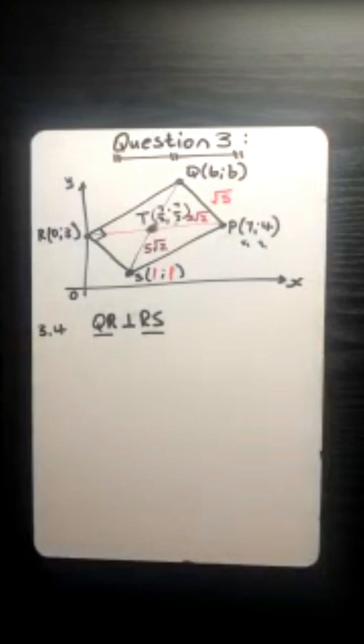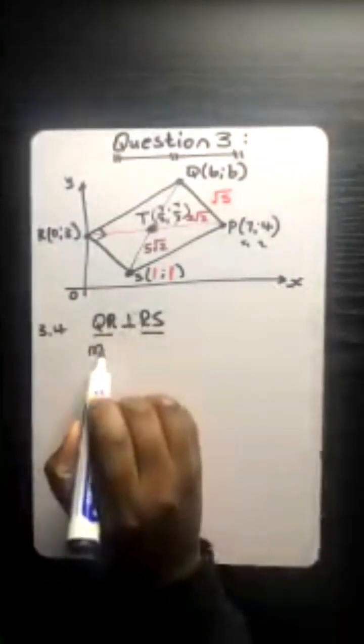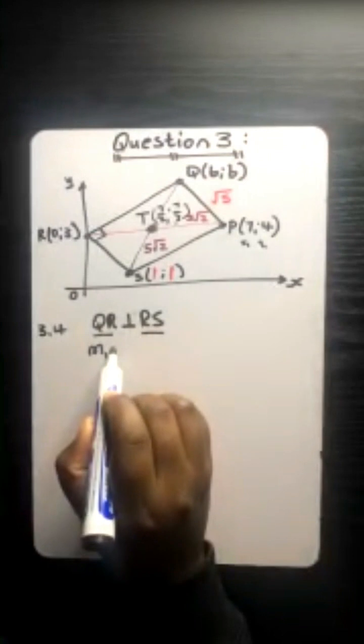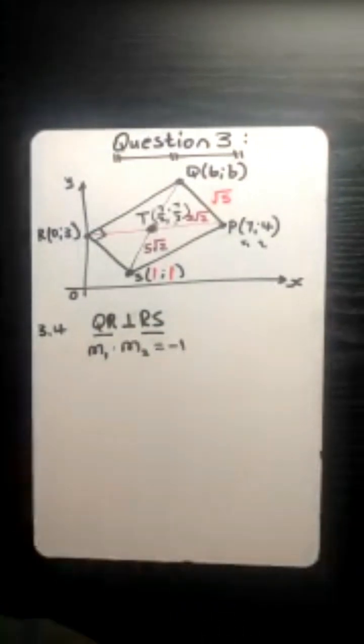If you remember what I explained regarding analytical geometry, I said with regards to perpendicular lines, the gradient of line 1, when you multiply it with the gradient of line 2, must give you -1. So that means we will need the gradient of that line. Let's maybe very quickly calculate it.